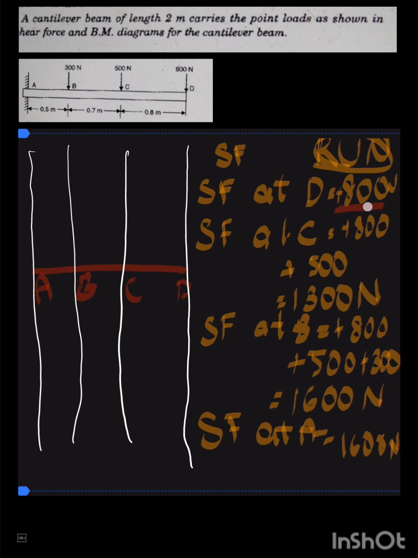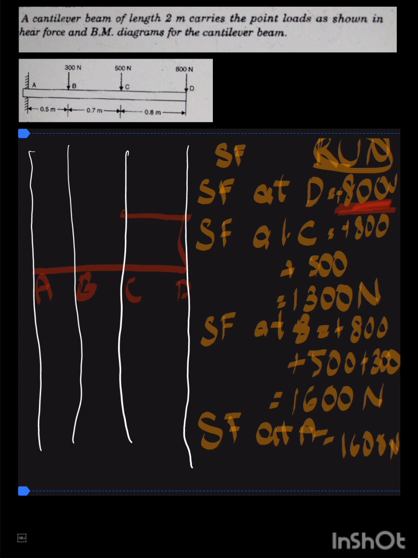At point D, what is the shear force? Plus 800 newtons. So this is 0, and from 0 to 800 we have to go upwards. Next, at C, the shear force is 1300.